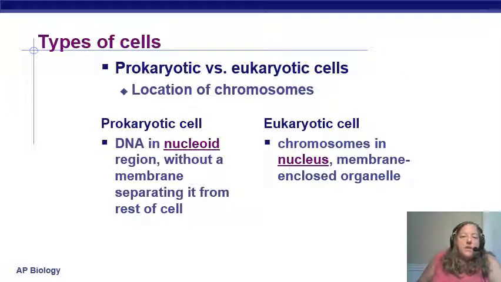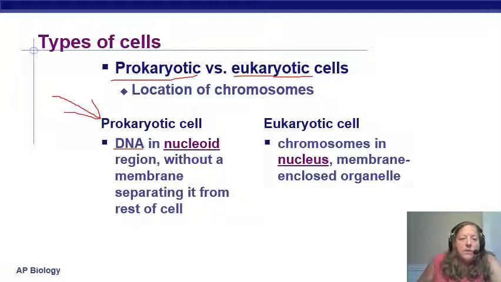And we've mentioned already the difference between a prokaryotic cell and a eukaryotic cell, okay? So over here we have the prokaryotic cell where the DNA is not in a membrane-bound organelle, okay?